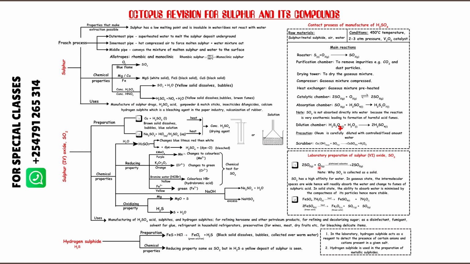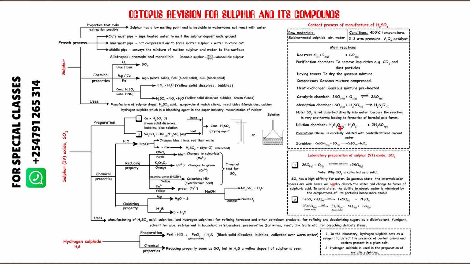Sulfur oxide cannot react with oxygen except in presence of a catalyst to obtain sulfur 6 oxide. Once it is obtained, it is now directed into a freezing mixture, whereby it is collected as a solid. We are going to have the sulfur 6 oxide crystals. So sulfur 6 oxide is the only gas that is collected as a solid.